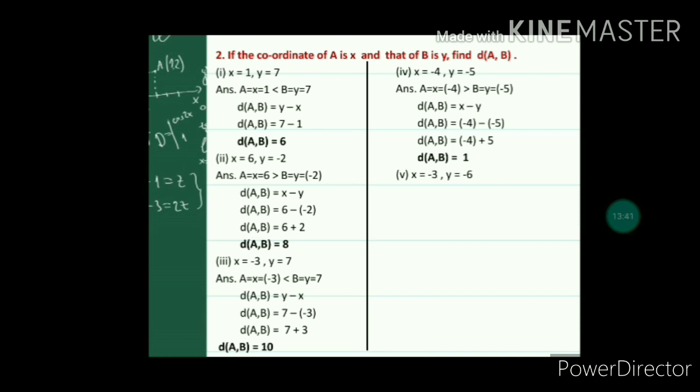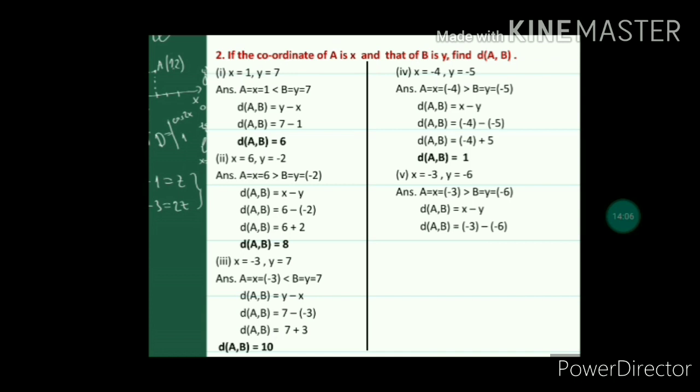Fifth example is x equal to minus 3 and y is equal to minus 6. Here, A is equal to x is equal to minus 3 is greater than B is equal to y is equal to minus 6. Distance of AB is equal to x minus y.